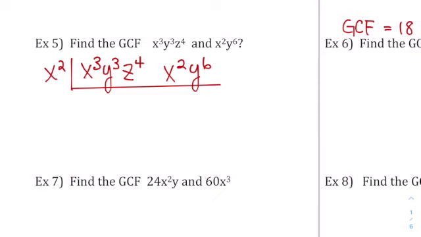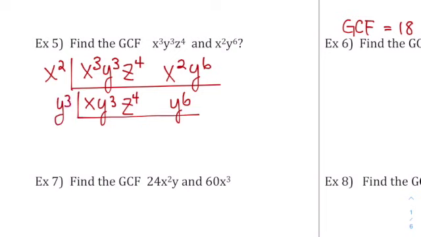If I do x squared, that leaves x, y to the third, z to the fourth, and then x squared divided by x squared is really just 1, so we're not going to write down 1. But that's just y to the 6th power. Then we can also do y to the third, because y to the third for the first one and y to the third is definitely covered by y to the 6th.